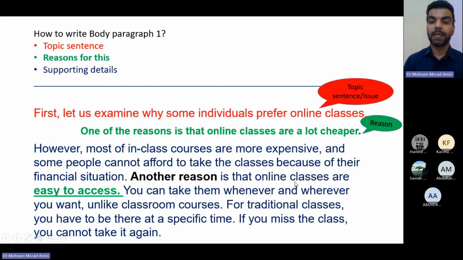Then another reason is that online classes are easy to access. So one reason was because online classes are cheaper, right? The second reason is easy to access. Yani, people can easily attend the class. This means that students can attend the classroom anytime they want or at their convenient time.